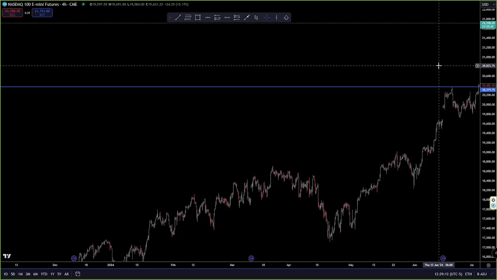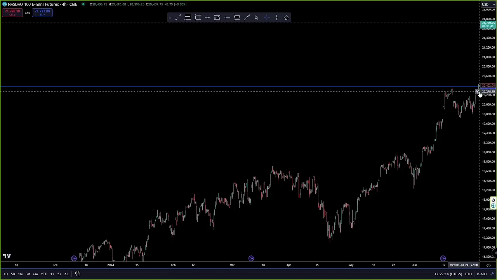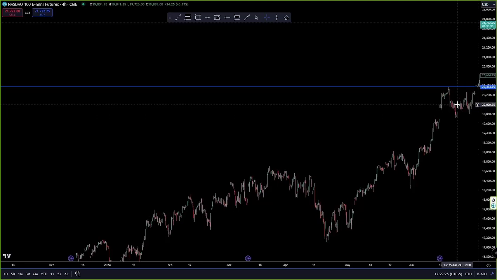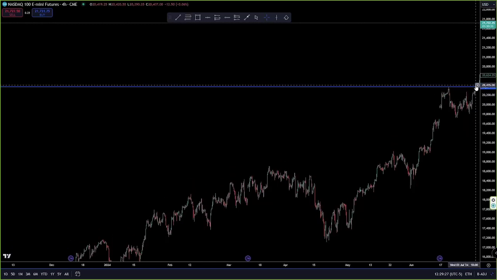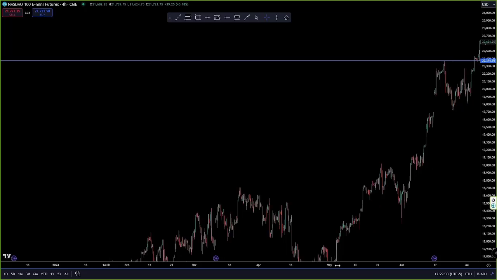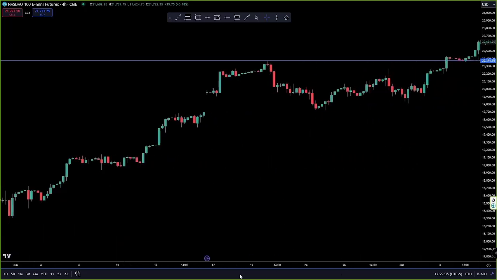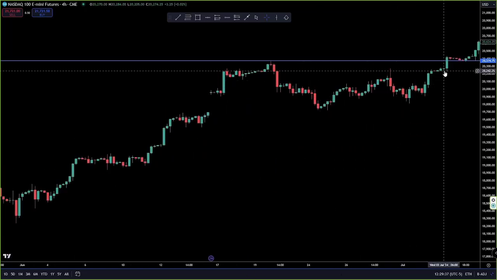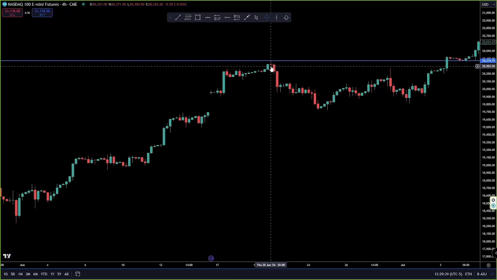Then we just watch to see what price does. Here, July 3rd, it peaked through, went up, and then tested it. If we zoom in a little bit, here's our point.